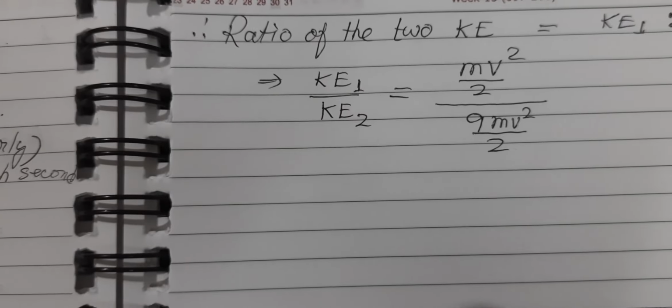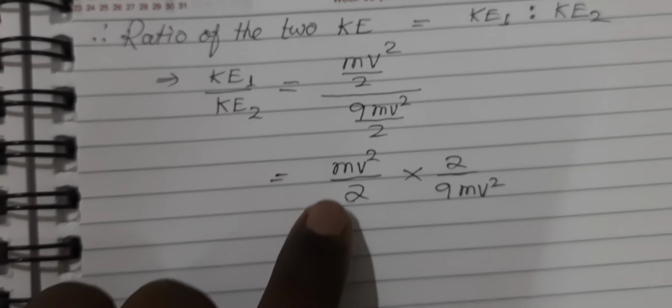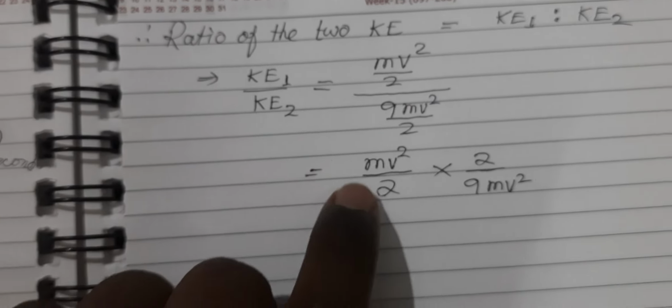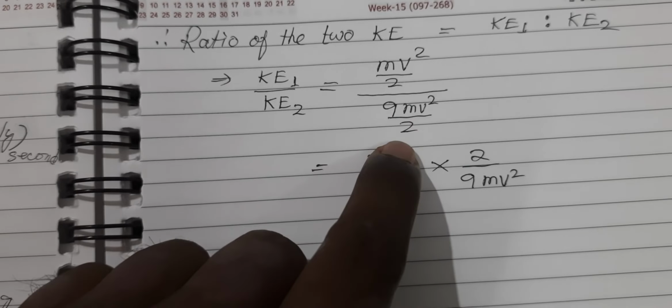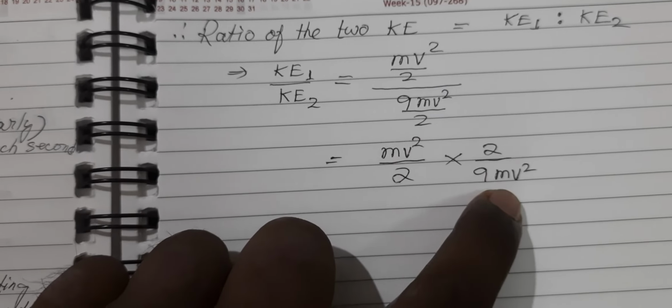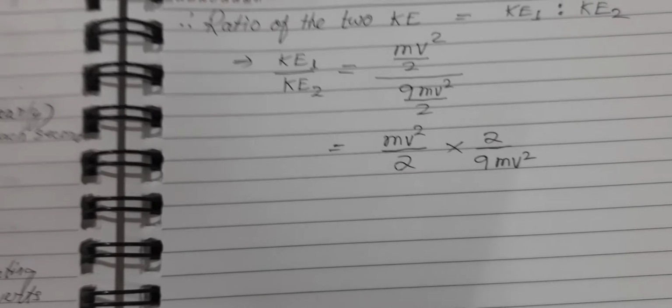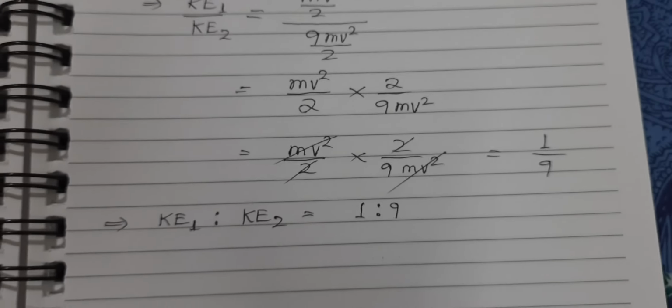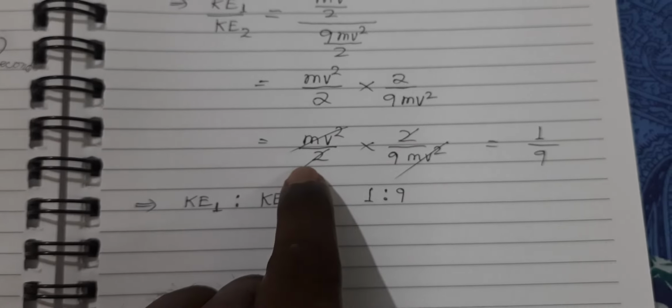Now let's solve this. This is a simple example of division of fractions. So this remains as it is. Division sign becomes multiply, and 9 mv square by 2 becomes its reciprocal, that is 2 goes on the top, 9 mv square goes down. So the 2s cancel each other out.